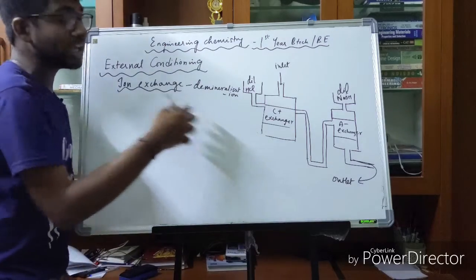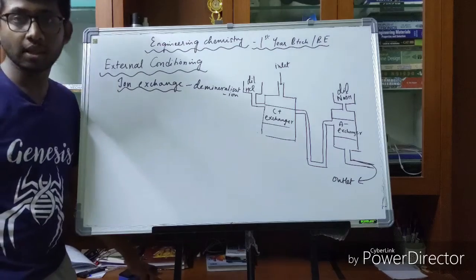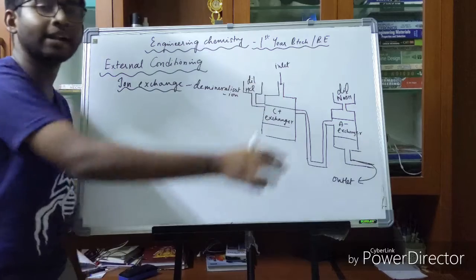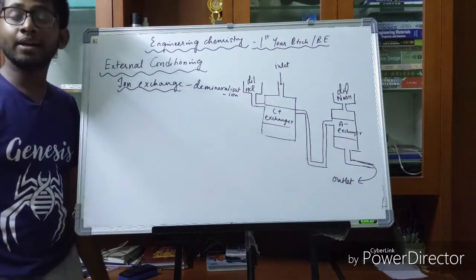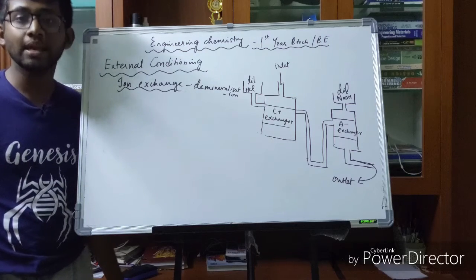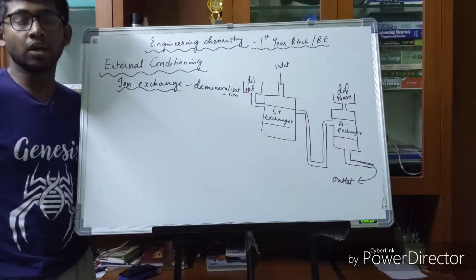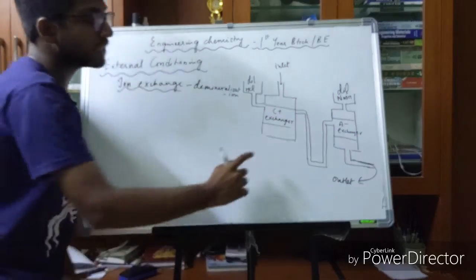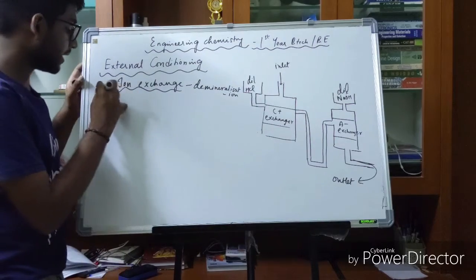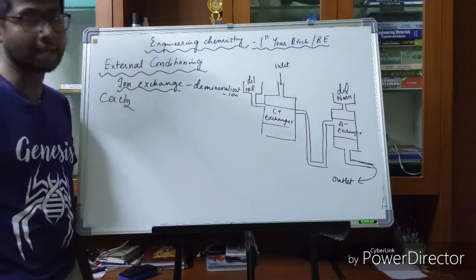Afterwards your salts will have only anions, and this anion will pass through this setup and enter the anion exchanger, and it reacts with anion resins, and there the removal of anion also happens. Afterwards, the cation and anion both will be removed from the respective water, and then it will flow through the outlet. So, for example, let's say that CaCl2 is present in water and you need to remove both the cation as well as the anion.